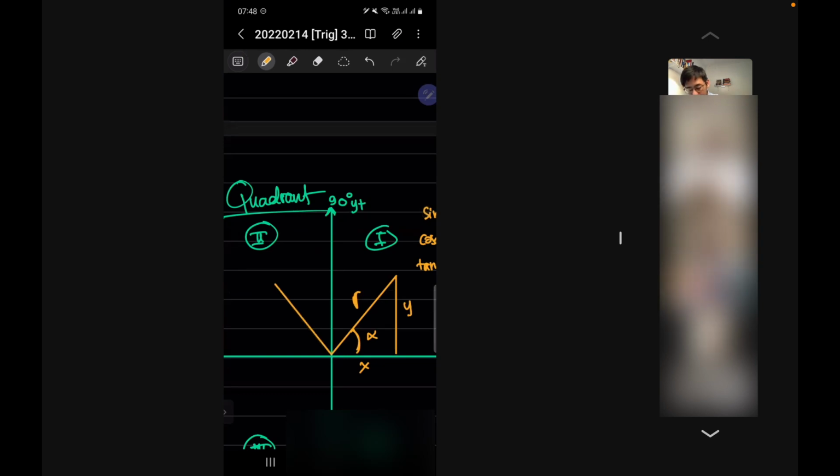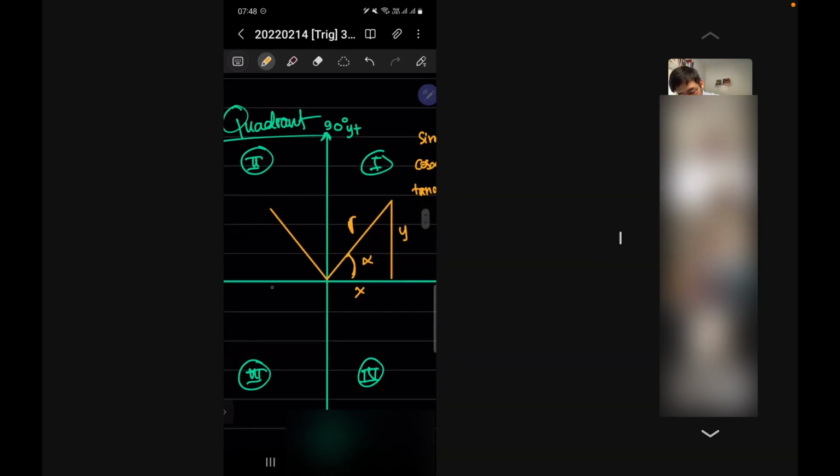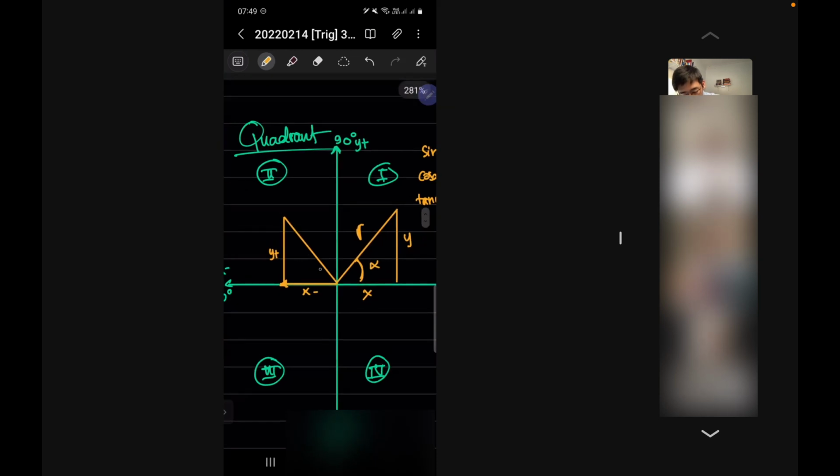You're in the second quadrant, so the x is negative, right? Because it's on that side, and the y is positive, right? So here, for example, we call this beta. And then the r.